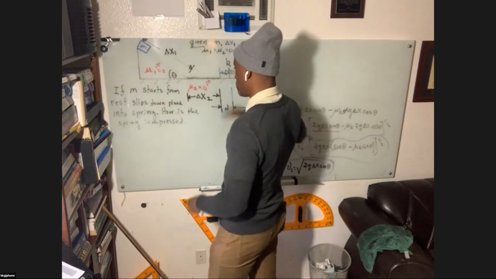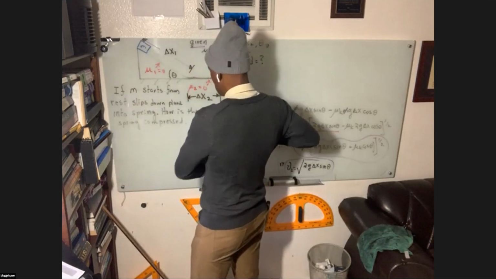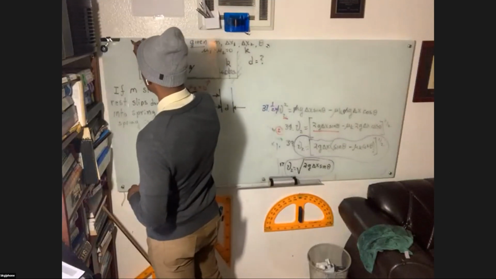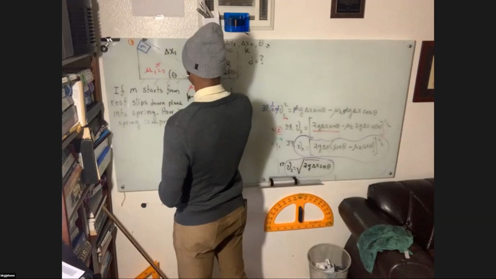And you could make your 0 potential mark there. So position 1, that's critical. Then I guess position 2.